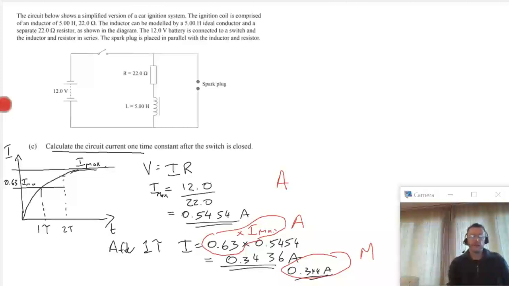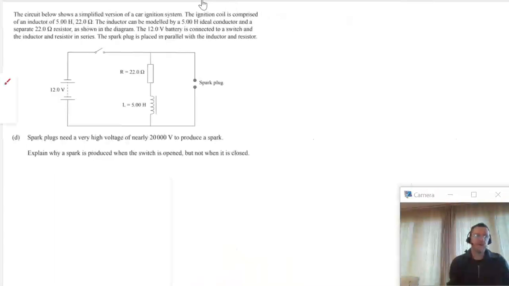Otherwise, you might get an achieve point either for working out the final current or for stating that the current after one time constant is 0.63 times the maximum current, or the final current.